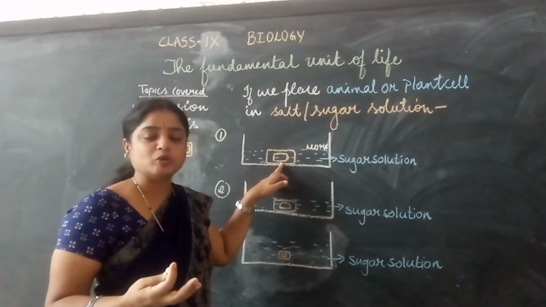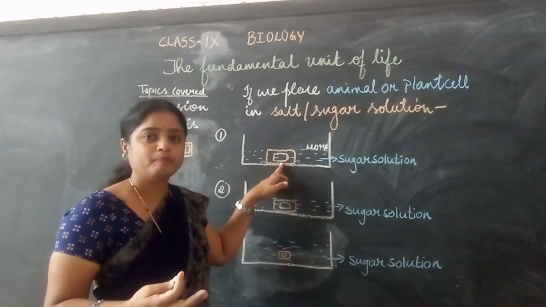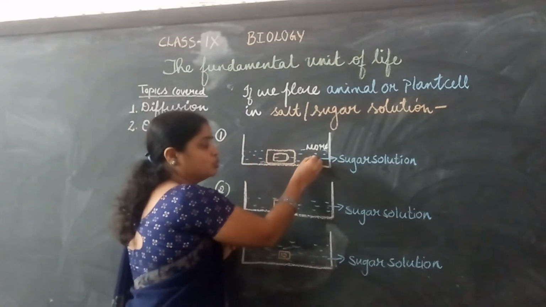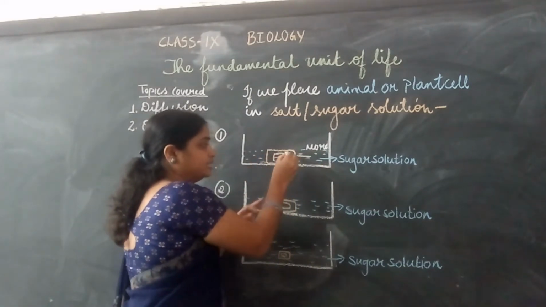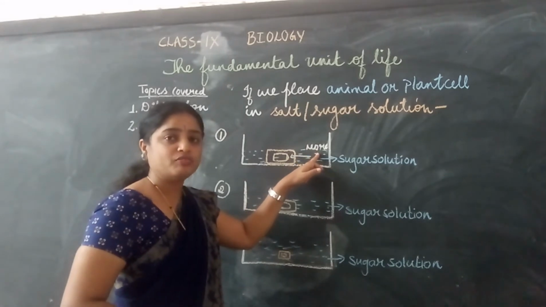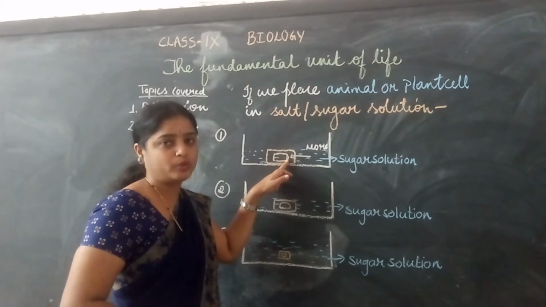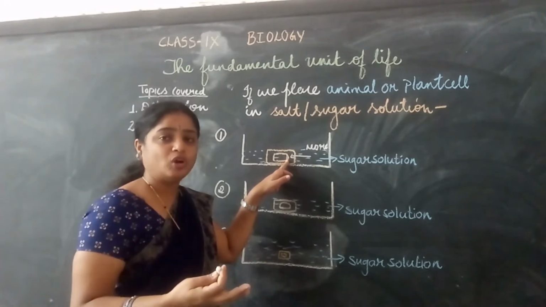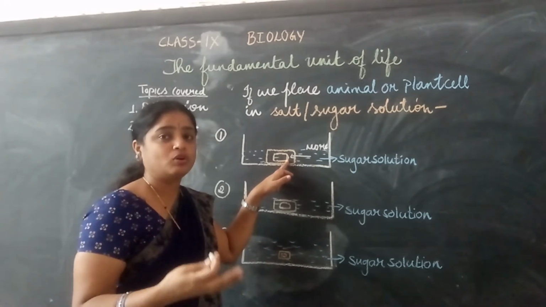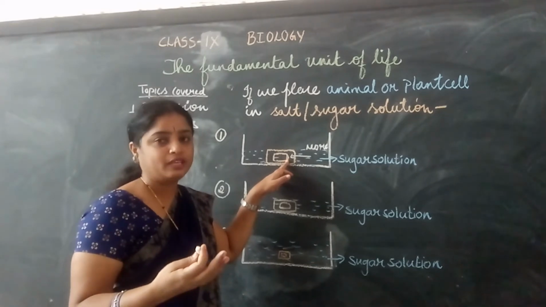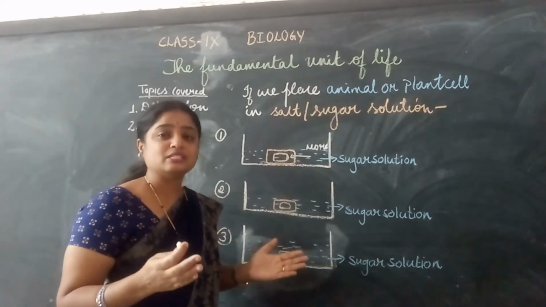So according to the osmosis definition, what happens now? Yes, the water will move from outside to inside, that means from the region of higher concentration to the region of lower concentration. So automatically the size of the cell swells up, it increases in size.